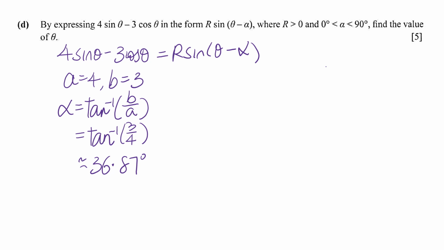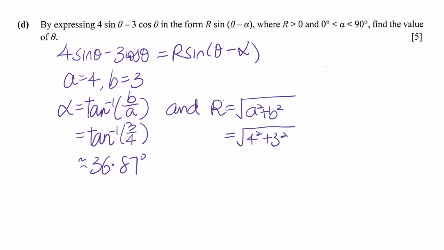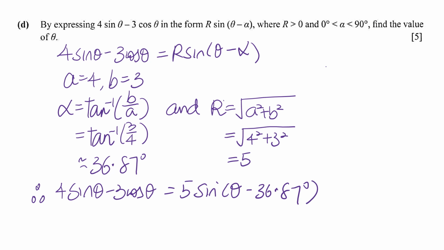And to find R is basically the square root of a squared plus b squared, which actually gives you 5. So in other words, your 4 sine theta minus 3 cos theta can be written as 5 sine bracket theta minus 36.87, and that value is equal to 2.